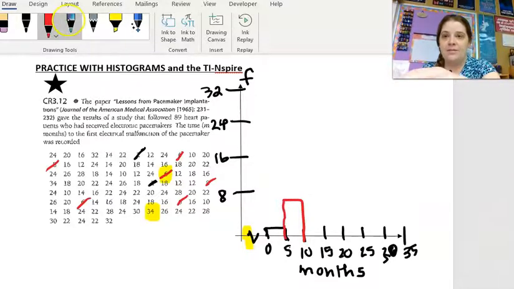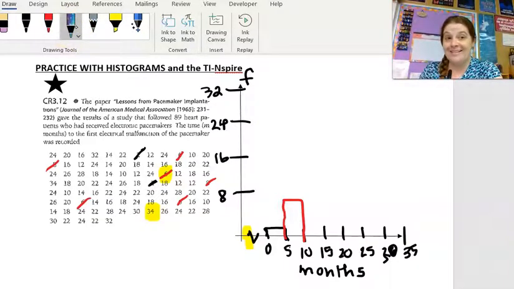Okay, and then I'm going to look and see how many I have between 10 and 15, where the 10 is included but the 15 is not. So basically 10 up to 14. So 1, 2, 3, 4, 5, 6, 7, 8, 9, 10, 11, 12, 13, 14, 15, 16.